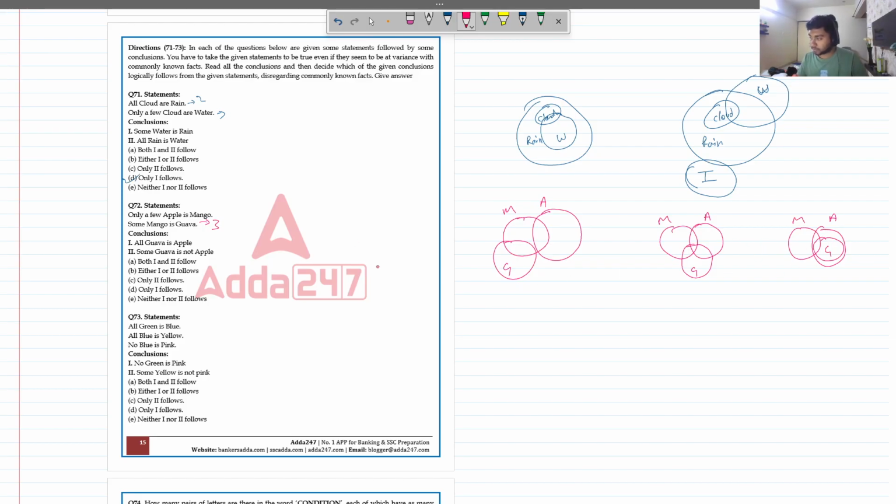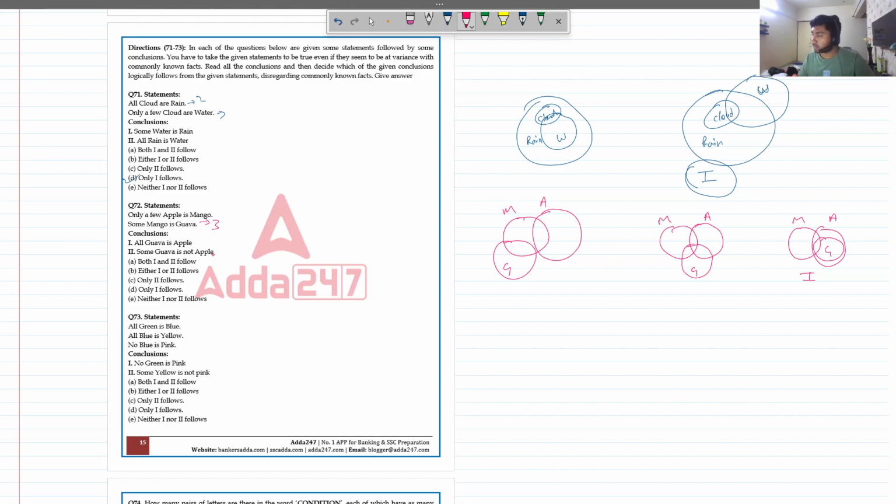Now let's read the conclusions. As I read the conclusions one by one, for whichever cases a particular conclusion is true, I will write the number of that conclusion corresponding to the diagram. All guava is apple. Yes, it is true for this case, but not for these two cases.